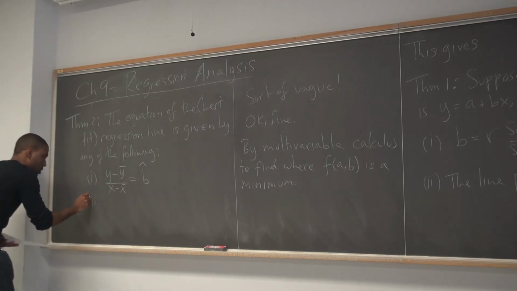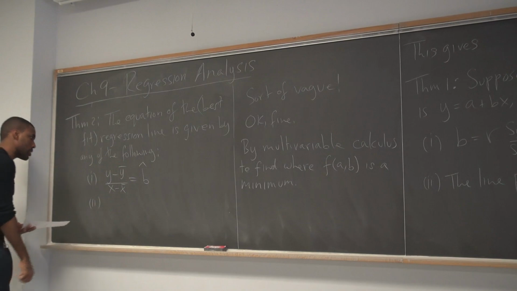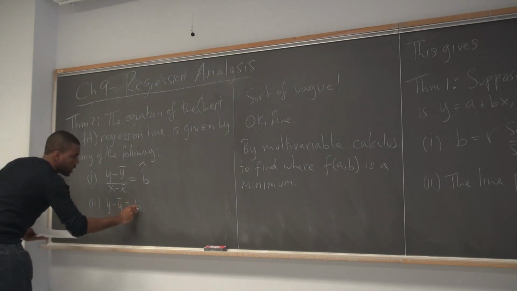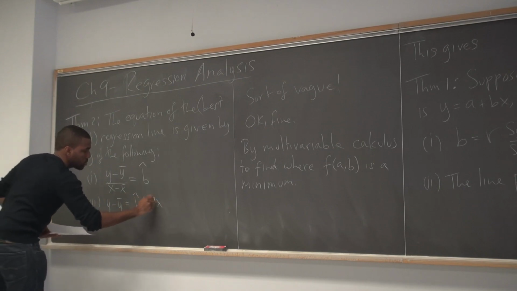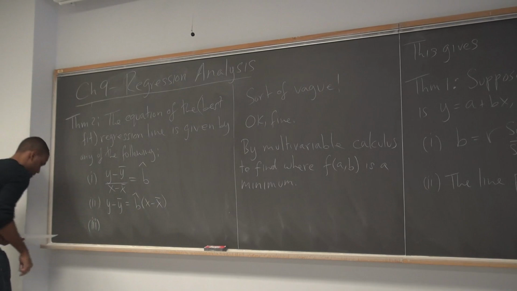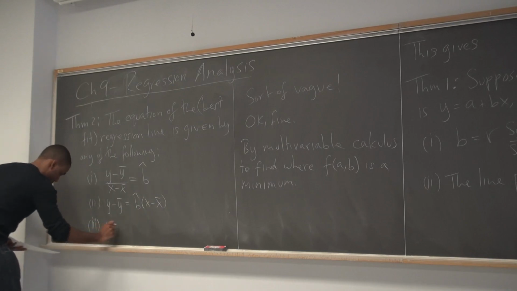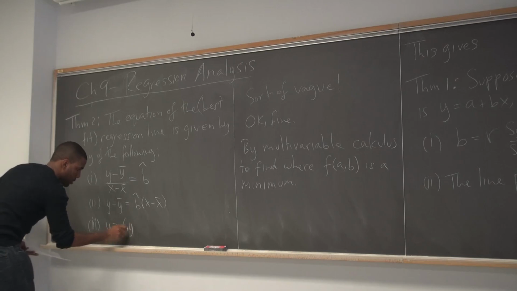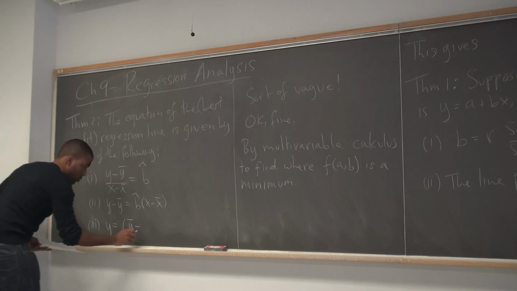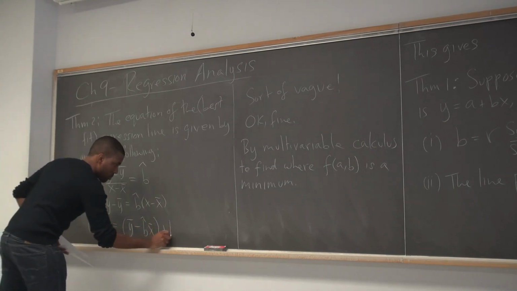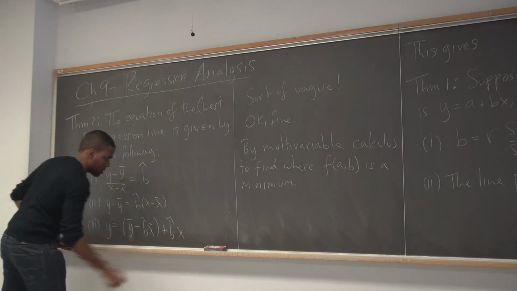Right, these are just using the equation of a line because we have a slope and a point, so we can use the point-slope form, y minus y1 equals m times x minus x1. Or y is equal to y bar minus b hat x bar plus b hat x.